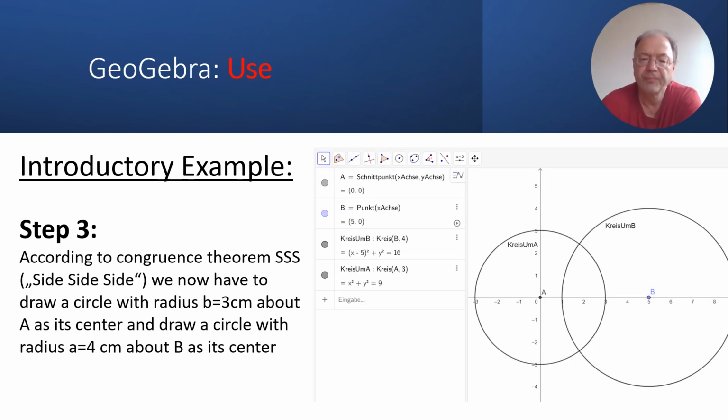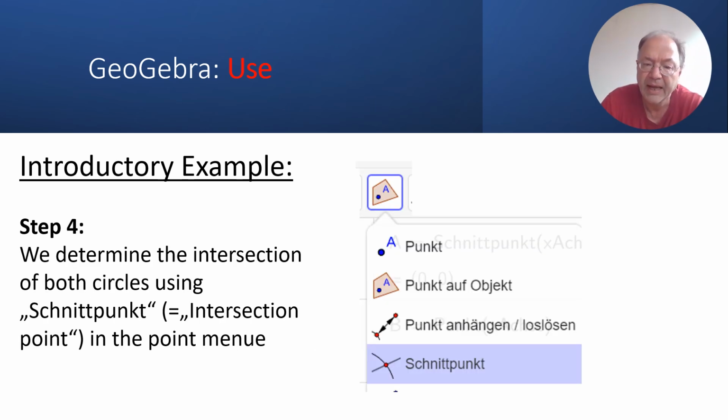If we do that, we get 2 intersections. At least we can do it now. That is this slide. It is drawing the 2 circles, and then I need to find the intersections. There are of course 2 intersections. That is another command in the menu of points.